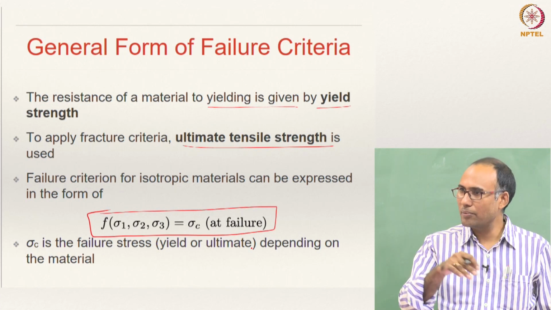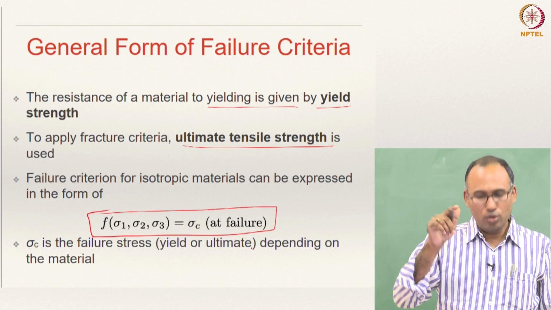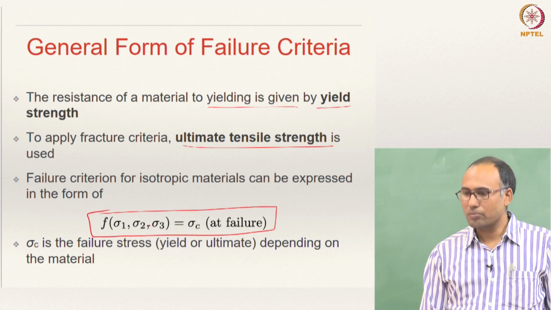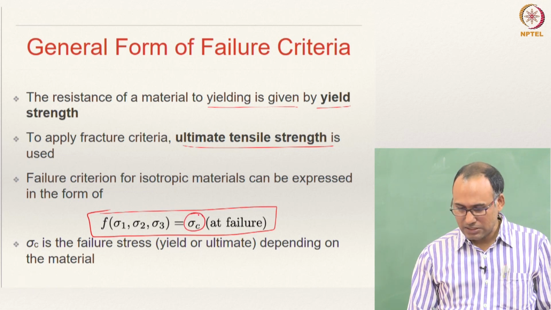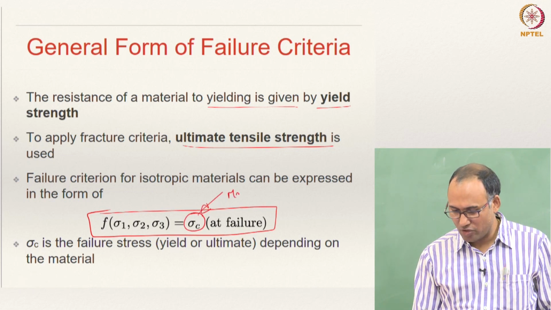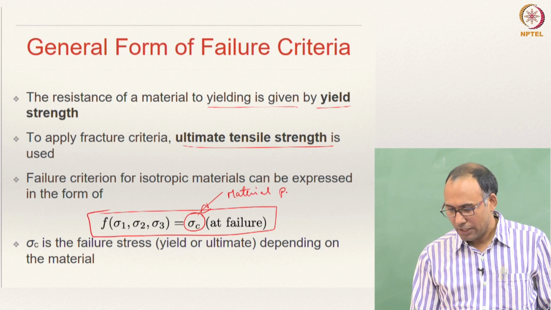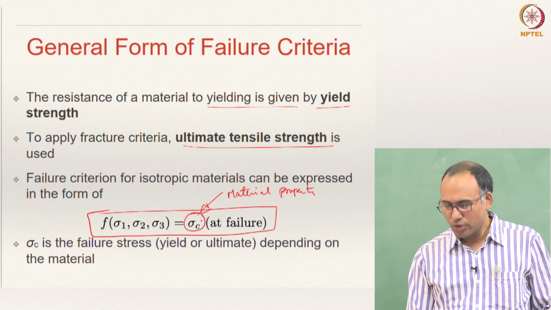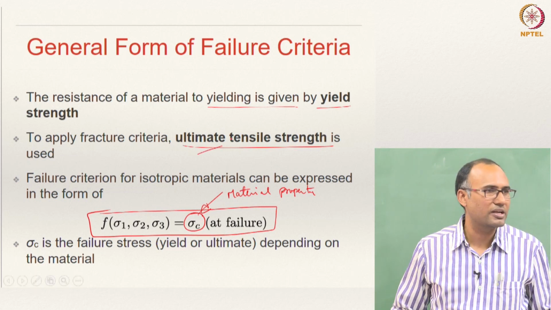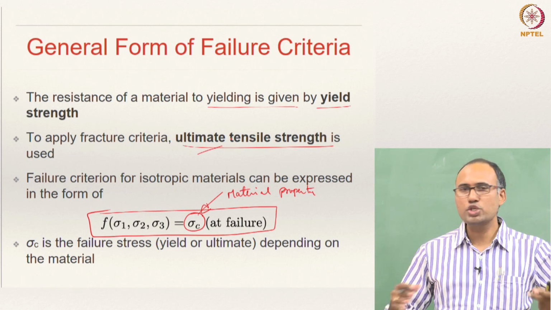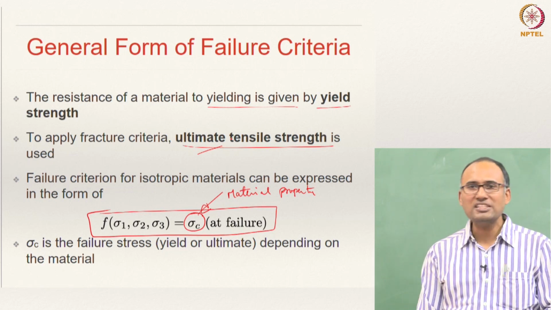The stress state in a material may change from position to position. So, F of sigma 1, sigma 2, sigma 3 equals sigma C. That is your material property. This sigma C is your material property, and for a ductile material, you will take that to be yield strength. For a brittle material, you will take that to be ultimate tensile strength. So, you should come up with a functional form. What is that functional form?